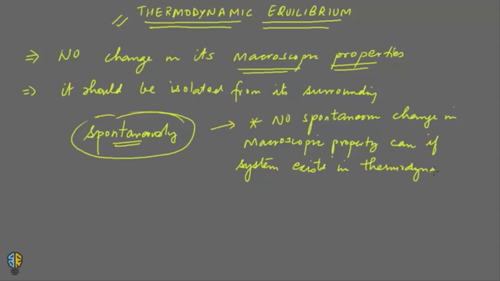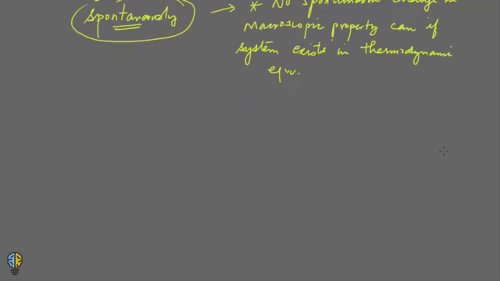Now, what is this thermodynamic equilibrium? A system is said to be in thermodynamic equilibrium if the system has three types of equilibrium simultaneously. The first is mechanical equilibrium.